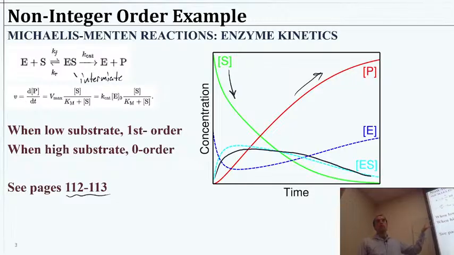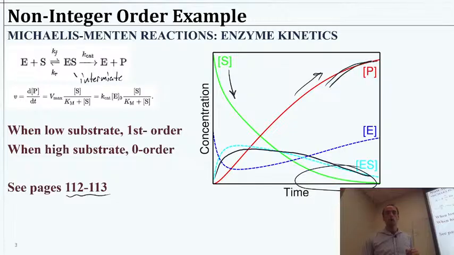Under certain circumstances, you will find that you can have an approximately first order reaction happening. So the conditions are such that you will follow first order, or let's say zero order at certain times, for some time. So in this example, we see low substrate concentrations. That's actually further along in time. So once we've reached a point where there's not much substrate left, not much food left for the bacteria to eat, we end up getting to a first order condition.